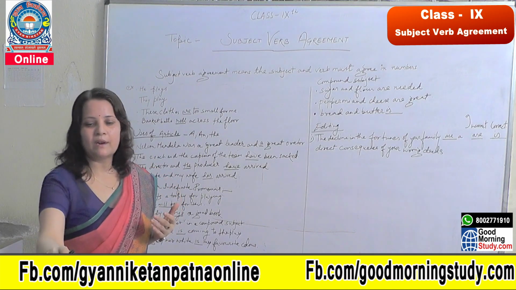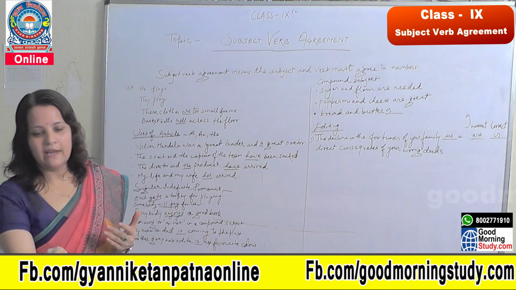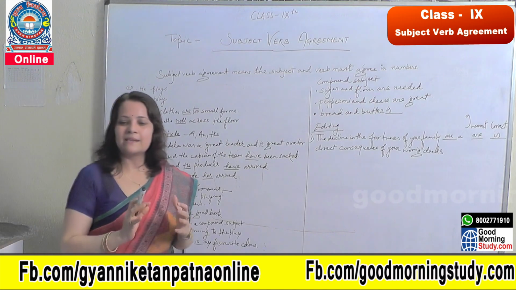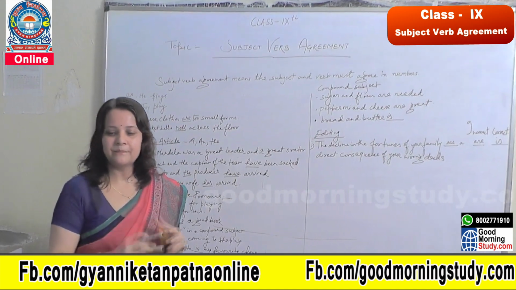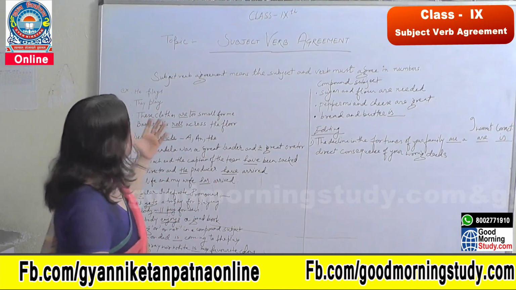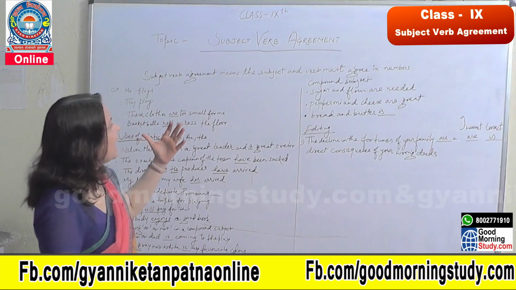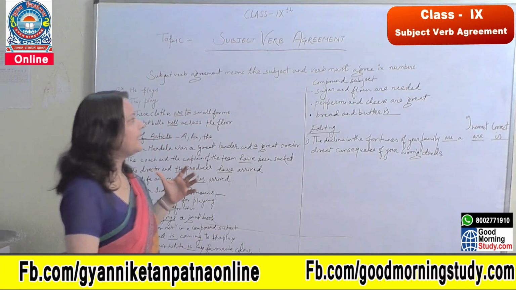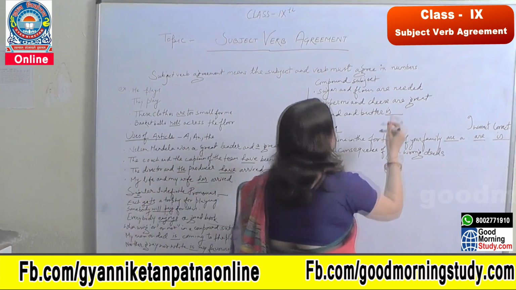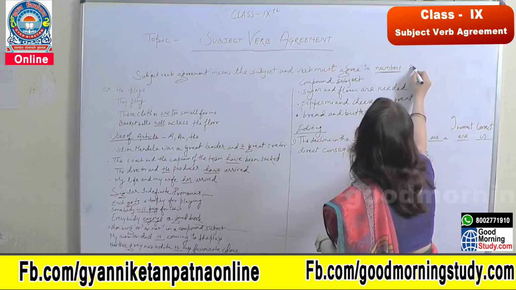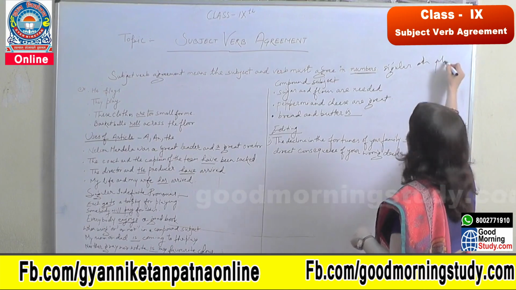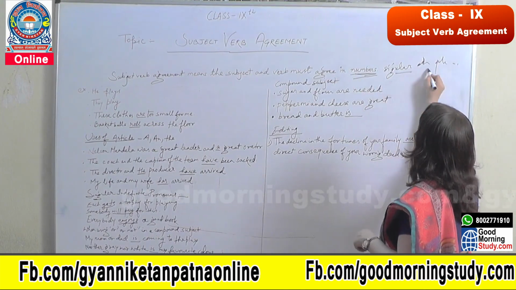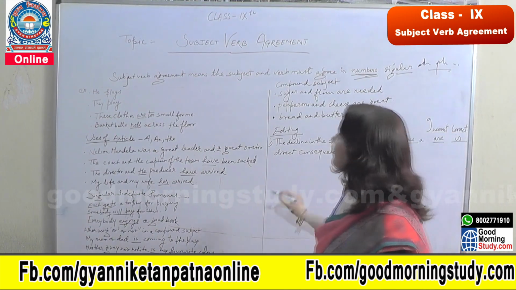They lack the knowledge of subject-verb agreement. Subject-verb agreement simply means subject and verb must agree in number. Number means singular and plural.